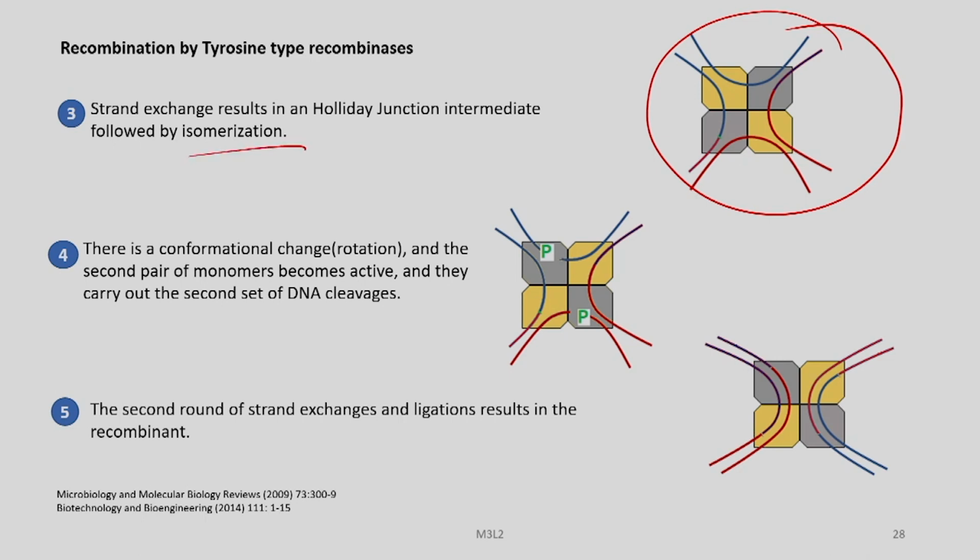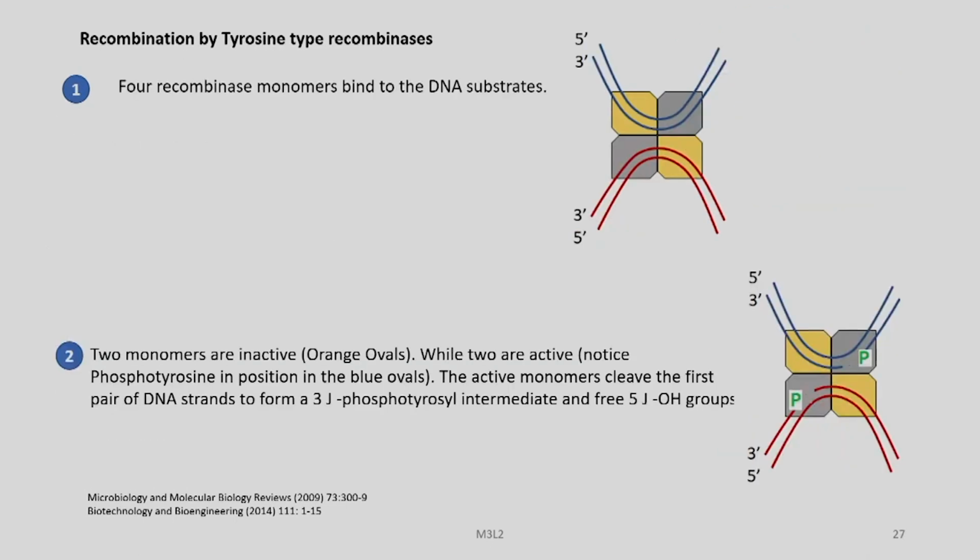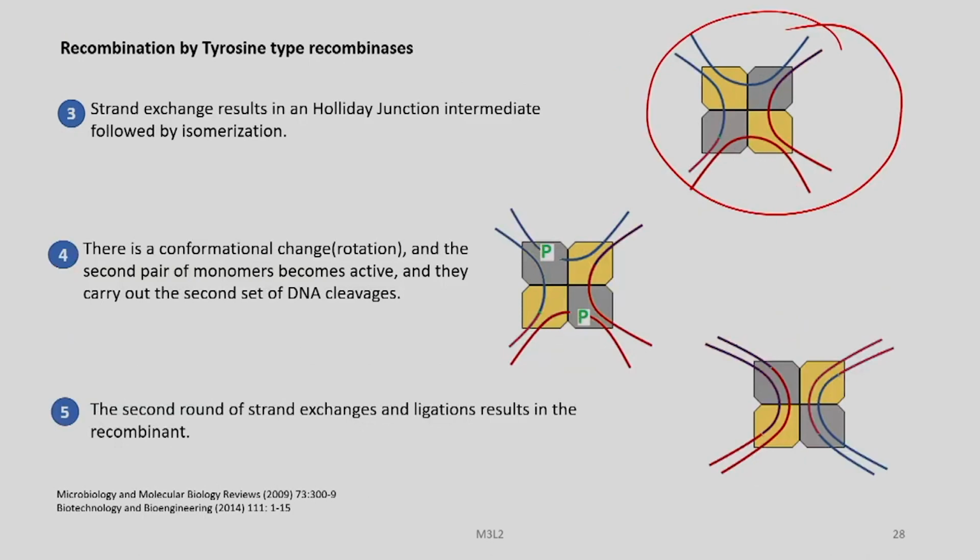Now, there is a conformational change in the next stage, or a rotation takes place, and the second pair of monomers which were earlier inactive now become active, and they carry out the second set of DNA cleavage. The second round of strand exchanges and ligations results in the recombinants.